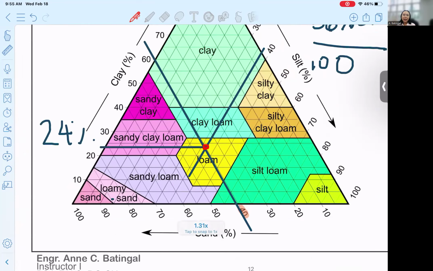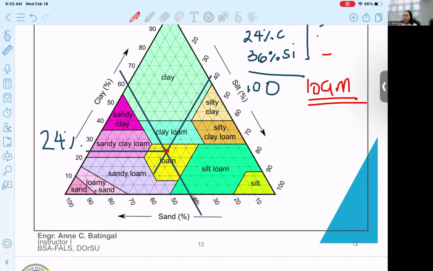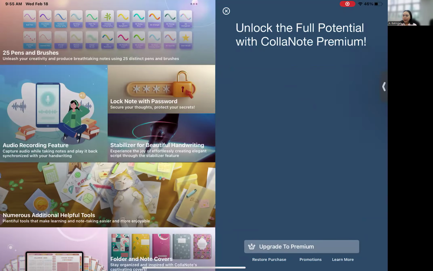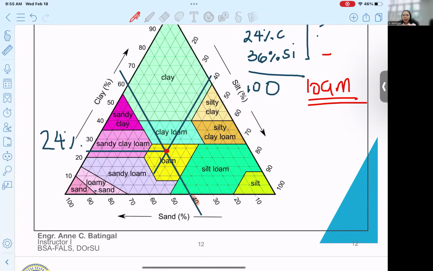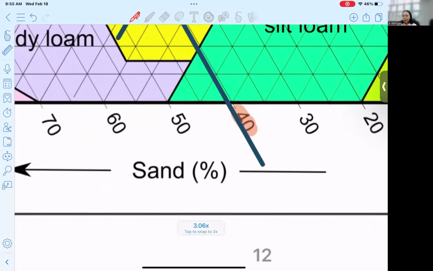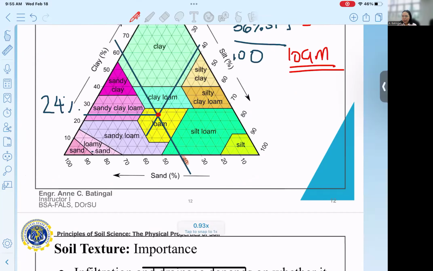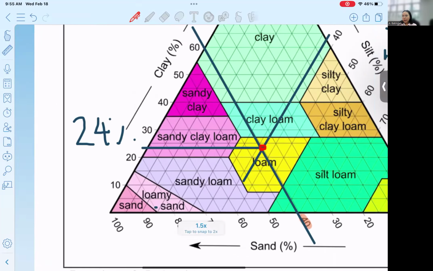So at least kailangan kag at least duha ka data like 40% na sand, 24% na clay. Enough na siya para maka-graph ka. So again, isa-isa sa nimo diri ka una ni sand or unsay una nga data, next is si clay and then your silt.